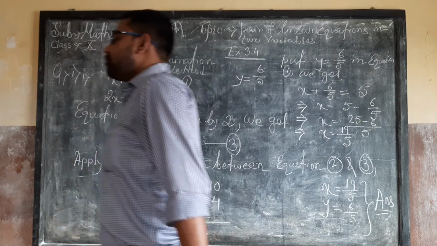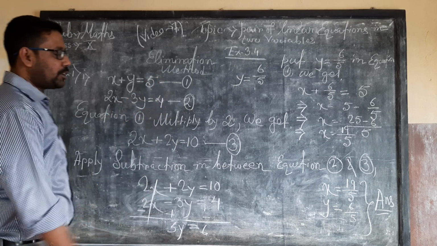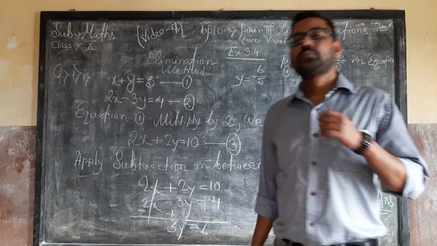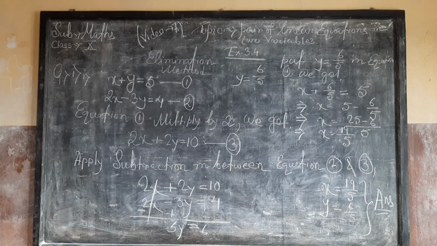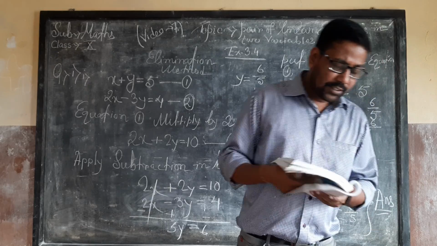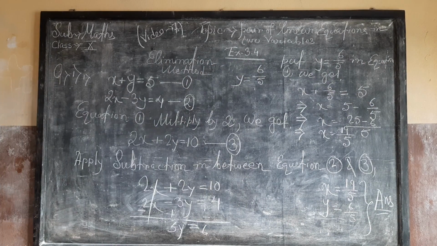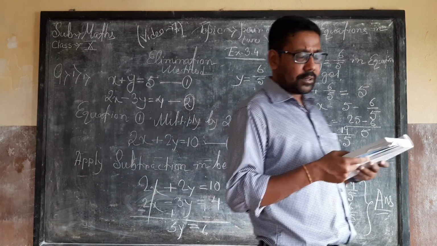And in this way, if you follow the same procedure, it is applicable for all the problems of question number 1 in exercise 3.4. After that, the next question is to form the pair of linear equations in the following problems and find their solutions by the elimination method.